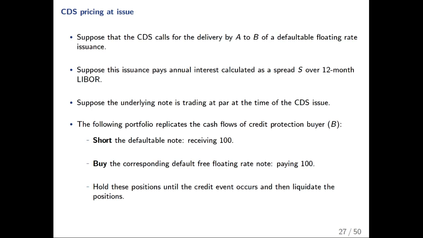The other way around, if I sell a CDS, it's like taking a leveraged position in the corporate bond market. If I flip this around, selling a CDS is like selling a default-free bond and investing in a corporate bond. So selling a CDS is like taking a risky position in a bond.